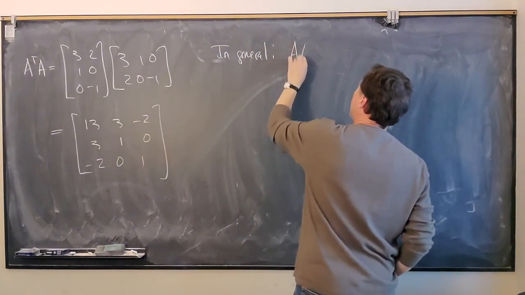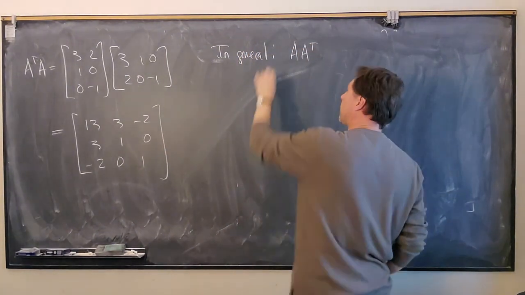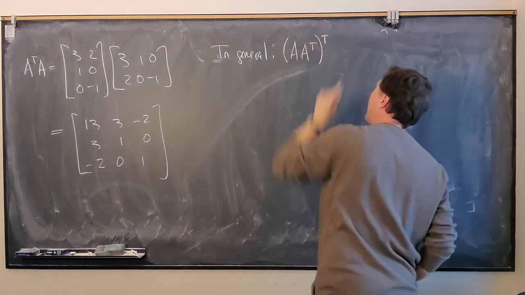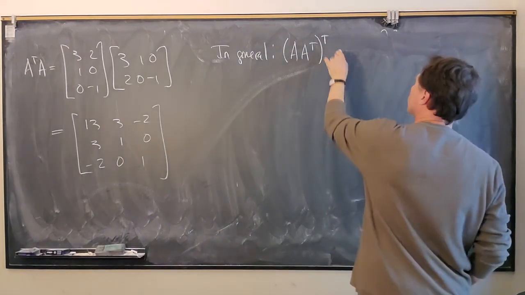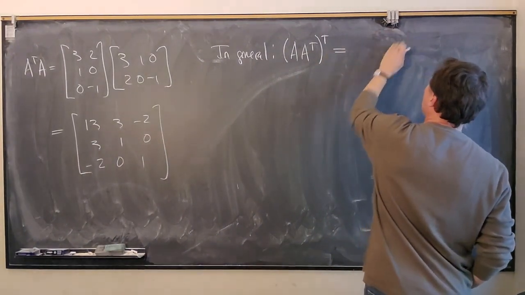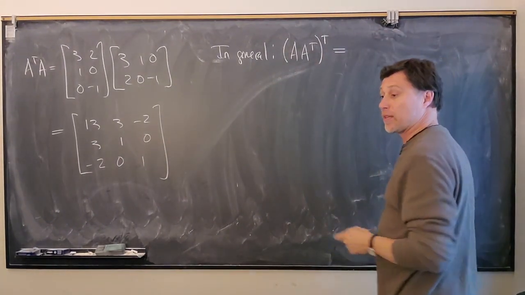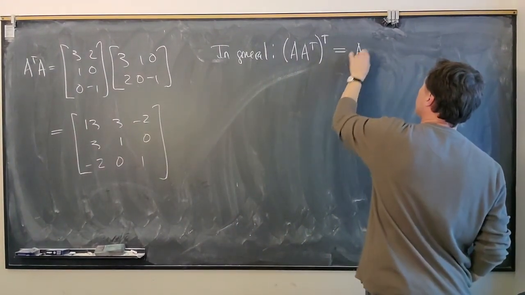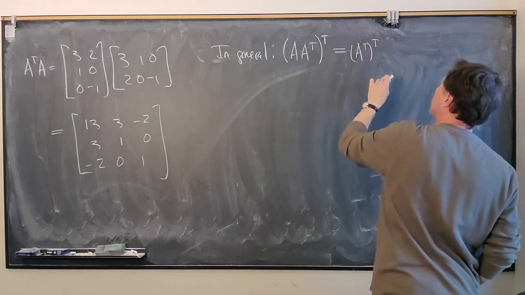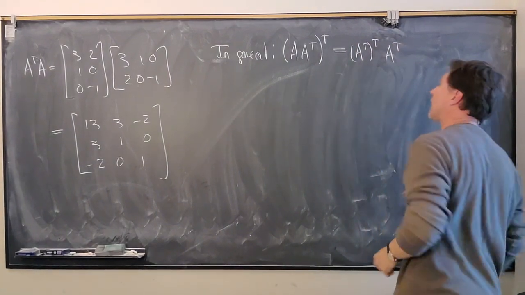If I take A times A transpose, some matrix, and take the transpose of that, remember how this works. This was back a little while ago. It was one of the properties of transposes. The transpose of A times A transpose is equal to A transpose transpose times A transpose.